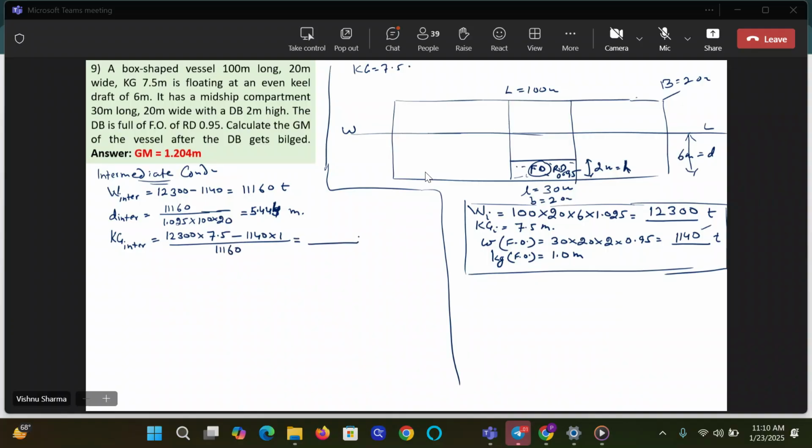How much is the kg in the intermediate condition, guys? 8.164 meters.